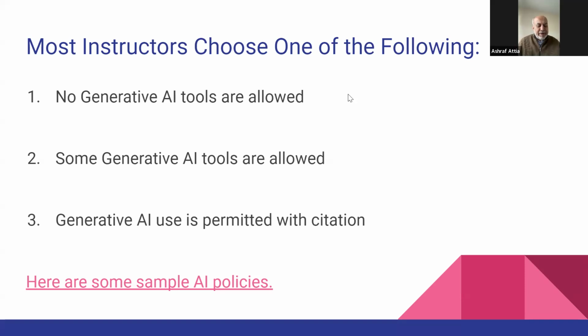So if a faculty member does not have a policy, you just spoke about the three alternatives, and it would be good to be explicit about it: no use, or use it within certain limits, as you just mentioned.